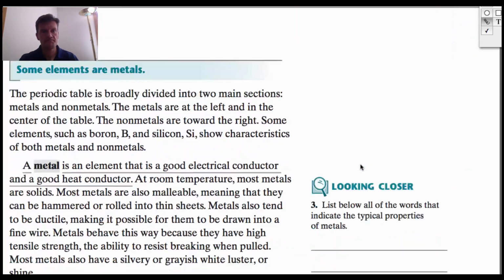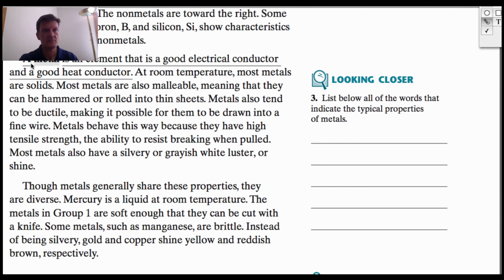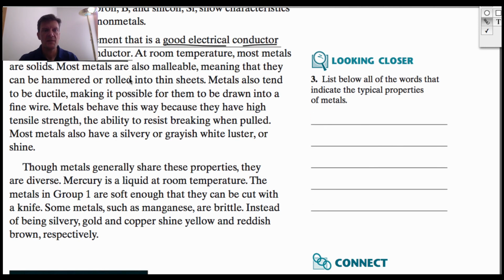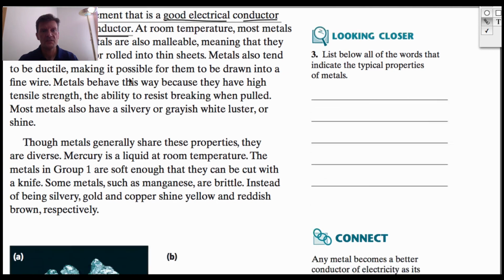And that's what it says here. Metal. And you see the properties here? Good electrical conductor, good heat conductor. So all the metals have similar properties over on the left side. Nonmetals, they don't conduct electricity, they don't conduct heat very well. So you can see the properties are similar.